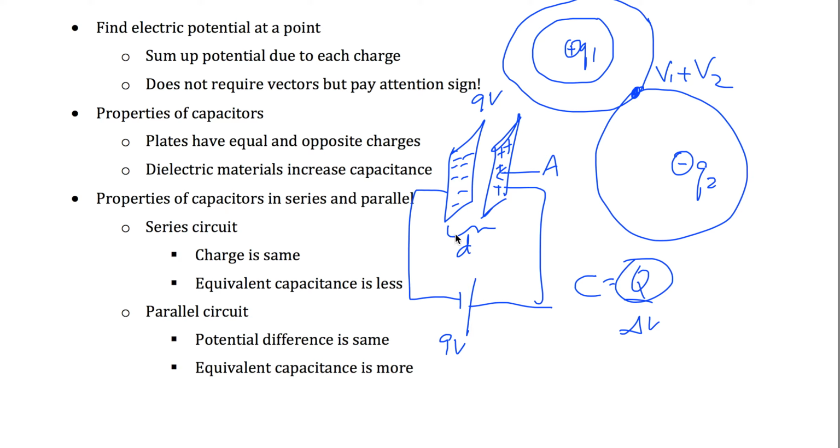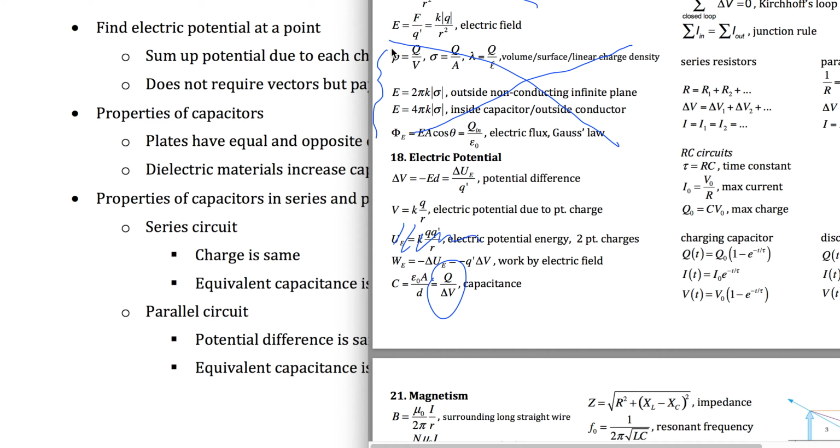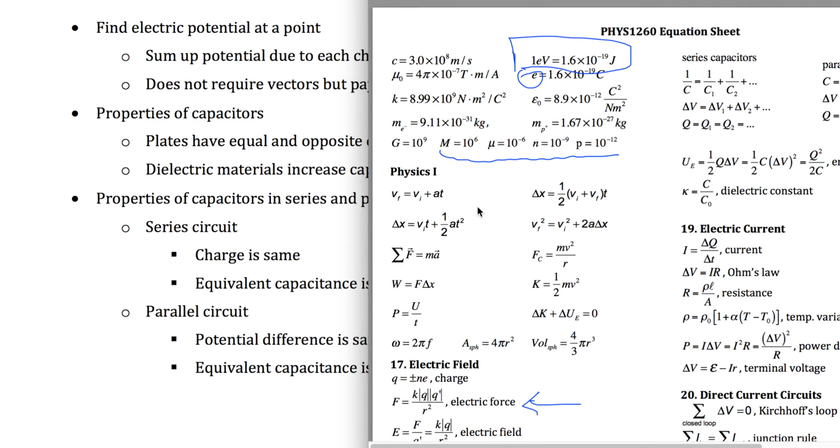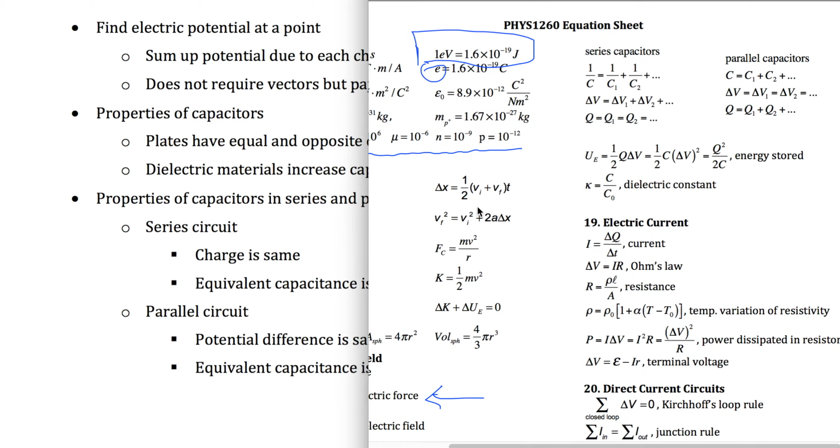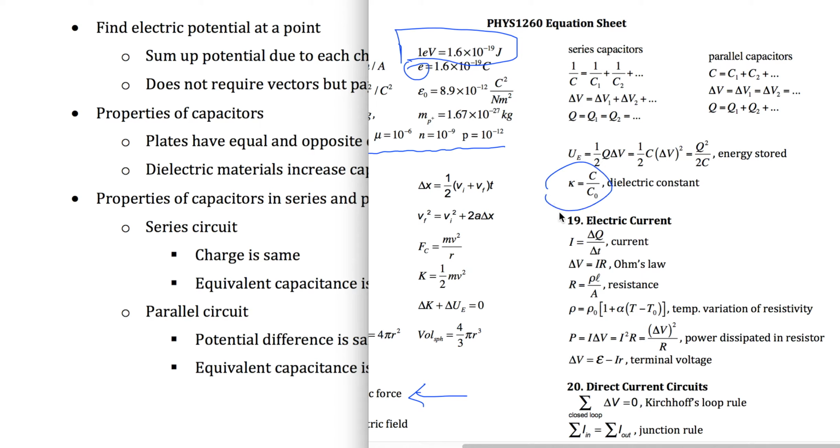And then if you stick a dielectric material in between the plates, then it will increase the capacitance. The equation that relates to this is right here. You could rewrite this as C equals kappa times C0.